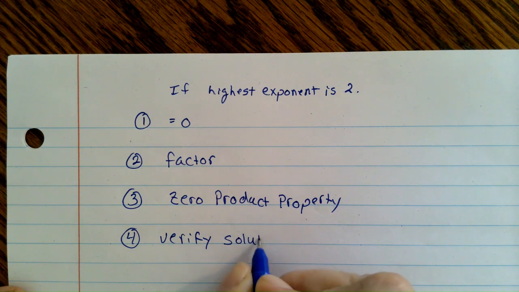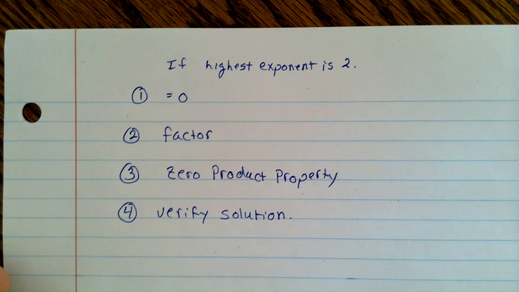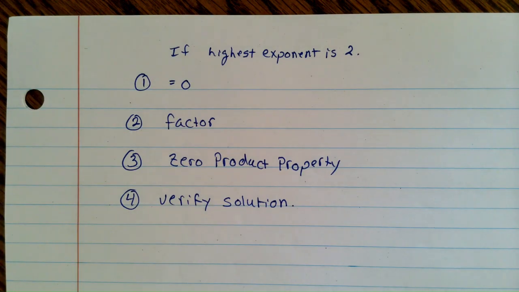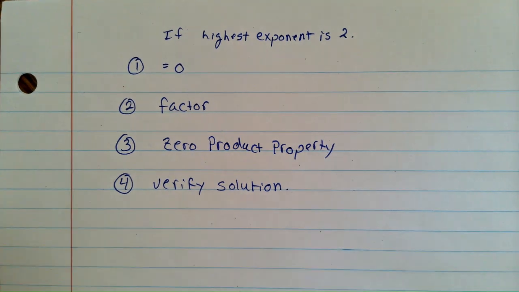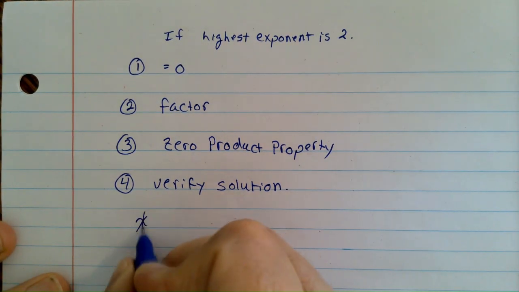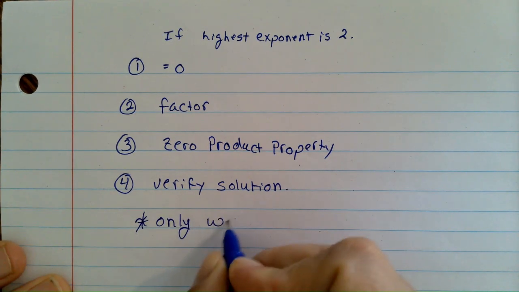Usually in quadratics, it's not such a big deal, but as you move through different equations, that's always a good idea, because sometimes we get roots that do not work. Now, this method does not work 100% of the time.